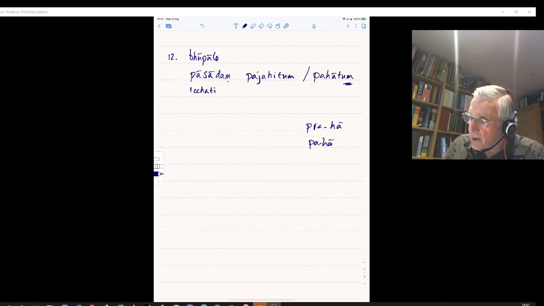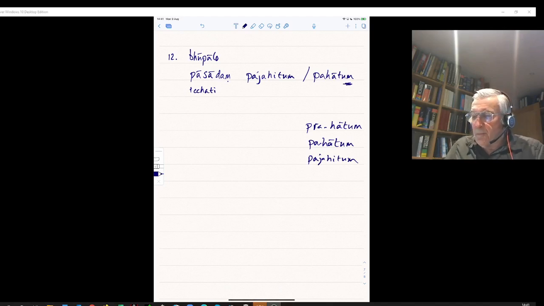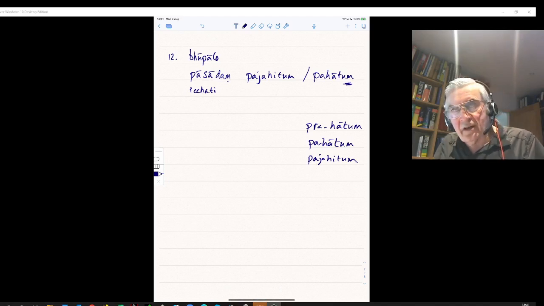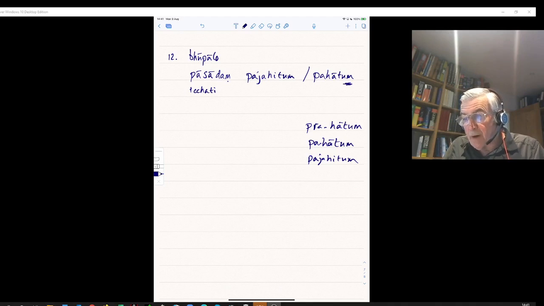Pali paha, to make the infinitive. Sanskrit is just prahatum, Pali pahatum, or the present stem, Sanskrit prajahati, Pali pajahati. And Pali can make the infinitive from the present stem as well. So pajahitum. So bhupalo pasadam pajahitum or bhupalo pasadam pahatum ichati.